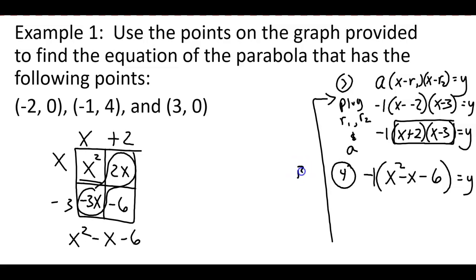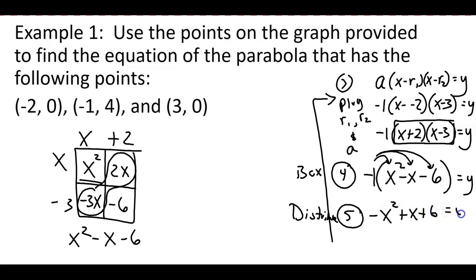So, multiply it using the box method there. What do you guys think I'm going to do last? I'm going to distribute. You got that little 1 in the front. So negative x squared plus x plus 6.